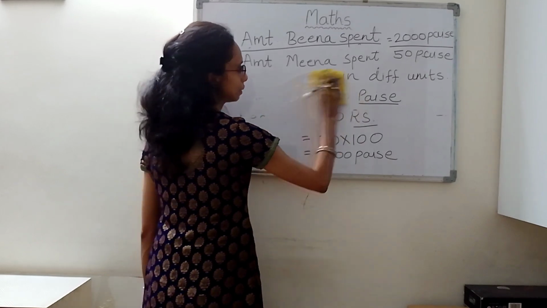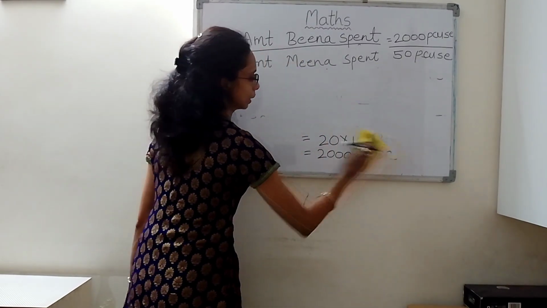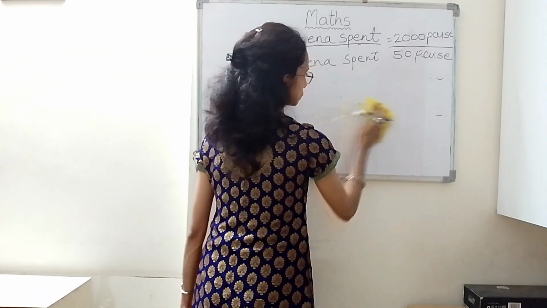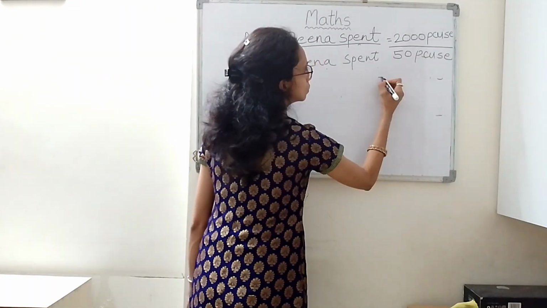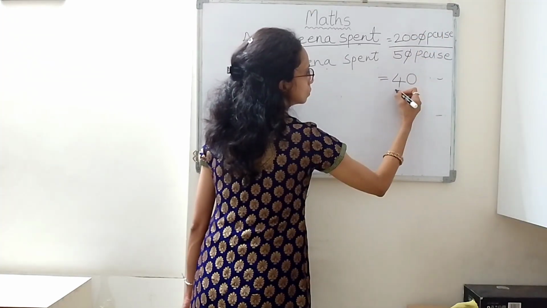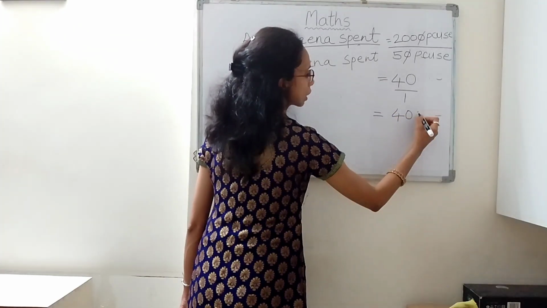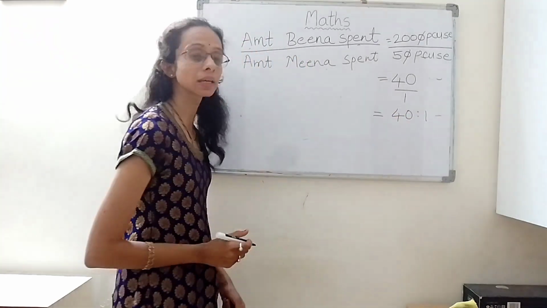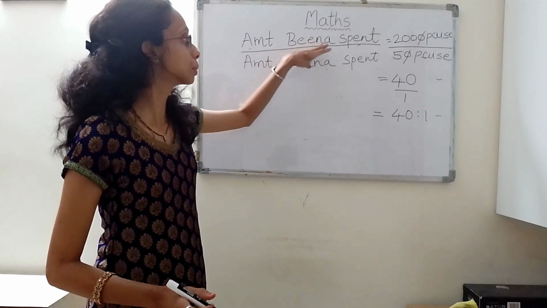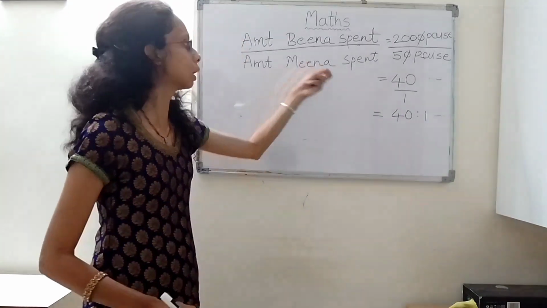What ratio do we get? 40/1 or 40:1. That means we can say that the amount Beena spent is 40 times more than the amount Meena spent.